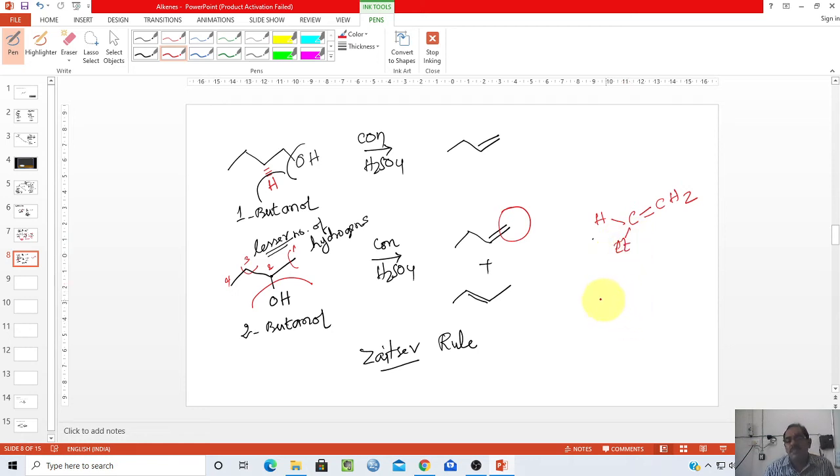So let us take this portion. I'll write like this. One side you are having methyl group, the other side you are having hydrogen. So this is called the highly substituted product. So this will be always favored, highly substituted. Here will be the least substituted product. Therefore this is not favored. Okay. So with that you can understand how this is being formed.